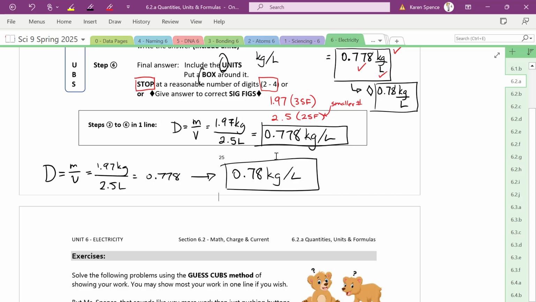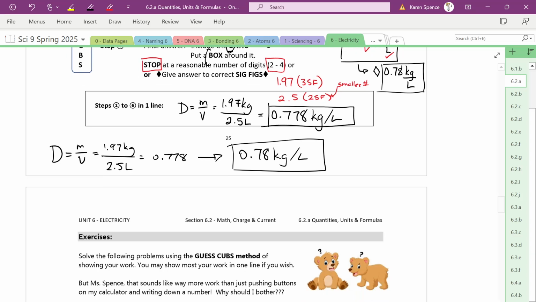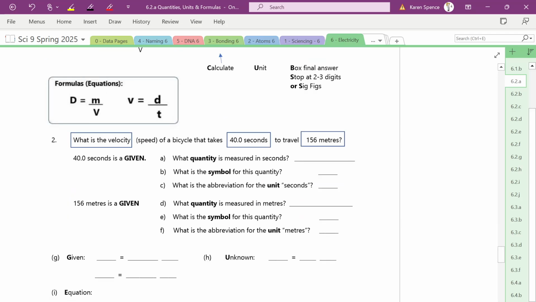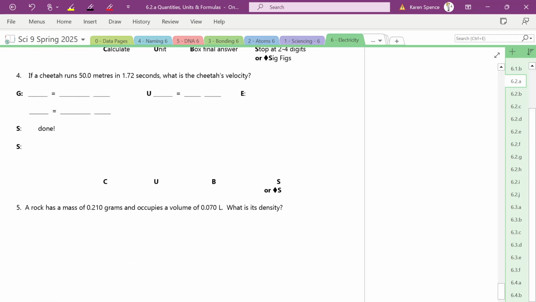Thank you very much. Pages 26, 27, and 28.